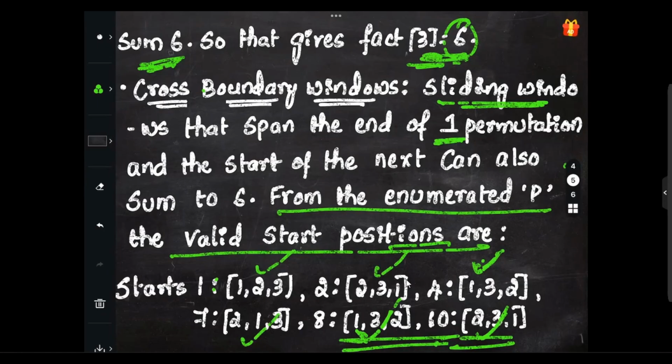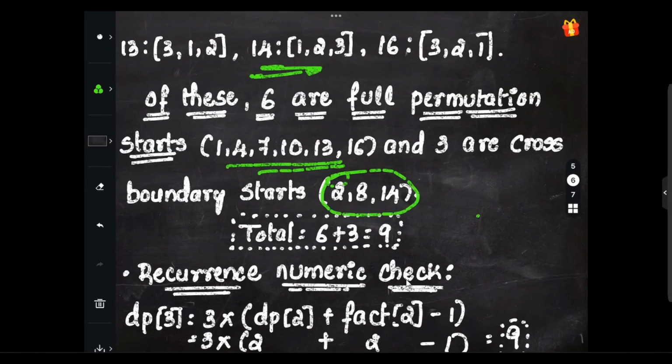From the enumerated P, the valid starting points are these things that sum up to 6: 1, 4, 7, 10, 13, 16. Of these, 6 are full permutation starts, and 3 are cross boundary, that start at 2, 8, 14. Total, we have got 6 full permutations and 3 cross boundary, right?